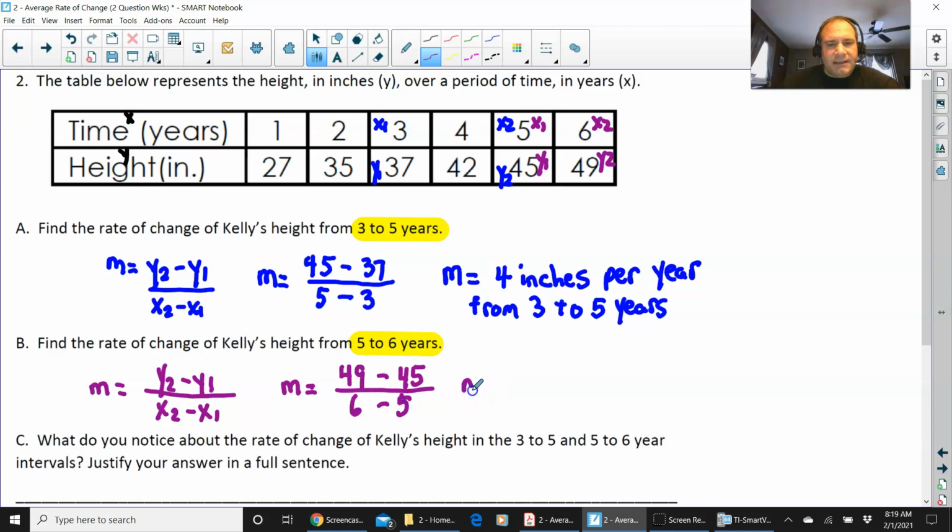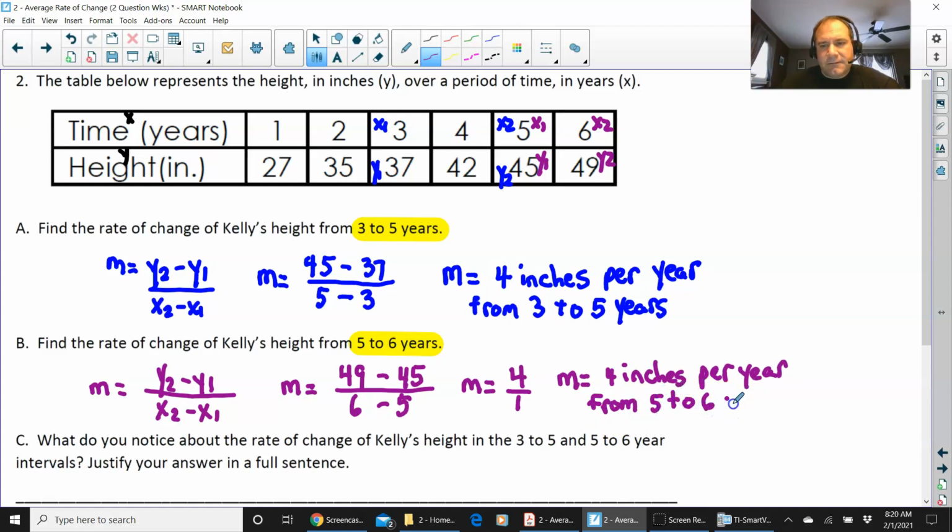This one I do not need a calculator for. 49 minus 45 is 4, and 6 minus 5 is 1. So M equals 4 inches per year, and it's in the 5 to 6 year interval.